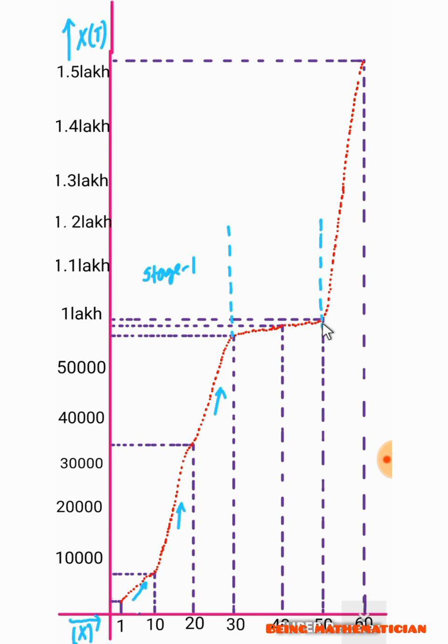And this will be 50 days. This will be stage 2, where the rate of infection is minimized from 30 days to 50 days. But after 50 days, oh my god, it is strictly increasing, and it crosses 1.5 lakhs and reaches 153517.